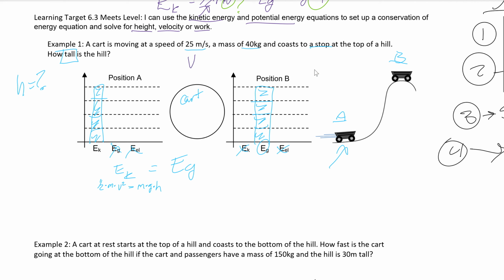And then the mass is 40 kilograms. So we have 1/2 times the mass, 40 kilograms, times v squared, so our 25 meters per second squared, equals the mass, which is again 40 kilograms, times gravity, which is 9.8 meters per second squared, times h.